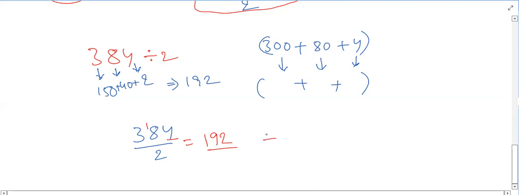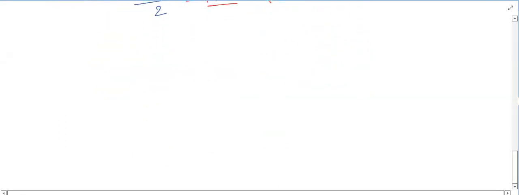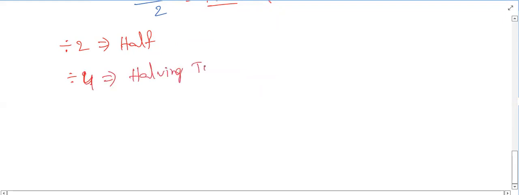What if he is asking for division by 4? Sir, I think first we need to divide it by 2 and then again divide it by 2. Yes, correct. Division by 4 is nothing but halving a number 2 times.